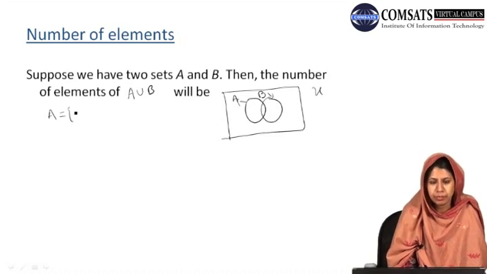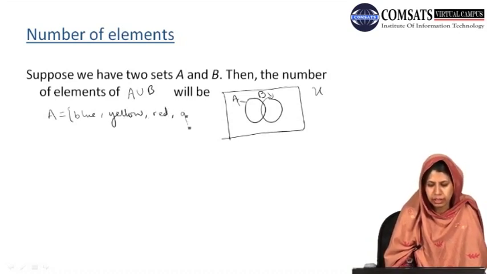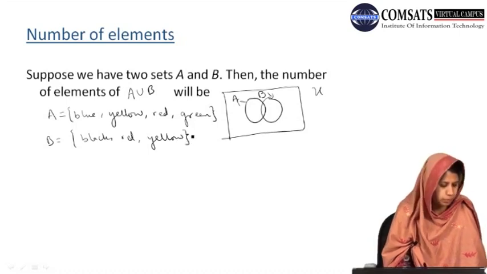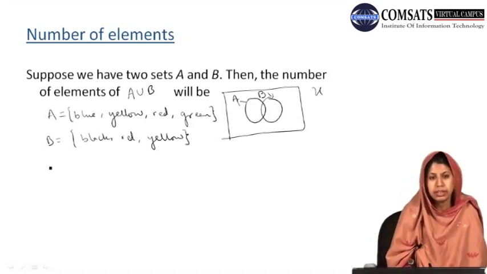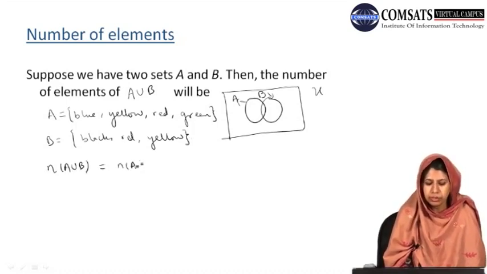That is, the set A had 4 balls of blue color, yellow, red and green, and the set B had 3 balls of black color, red and yellow.